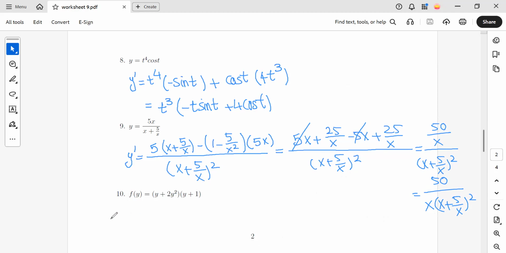Number 10 is also product rule, and you can distribute using foiling to find the polynomial and then take the derivative. Either is fine. So we would use the product rule here. Copy the first one, derivative of the second one, plus copy the second one, derivative of the first one.